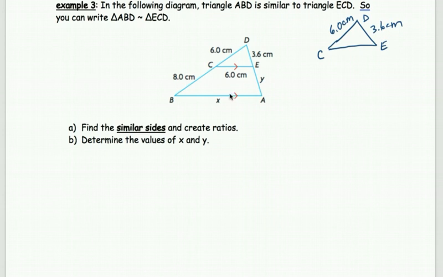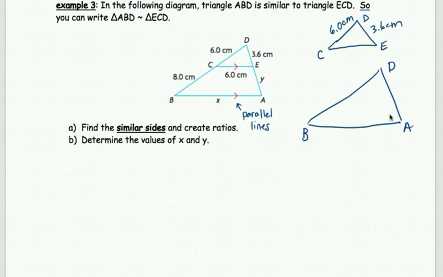Okay, we have these arrows. That means that they're parallel lines. So there you go. All right, and then I'm going to draw the bigger one now. It's a little bit off too, but anyway, this is A, D, B. Okay, so what do we know?